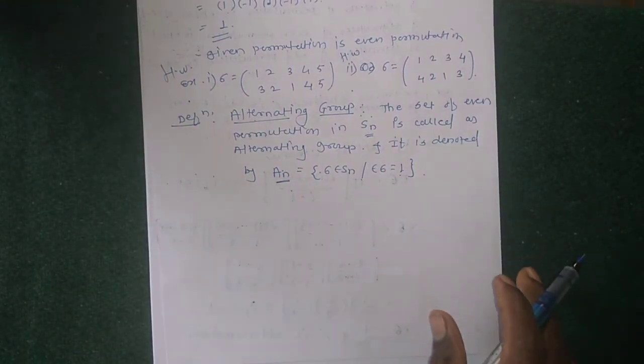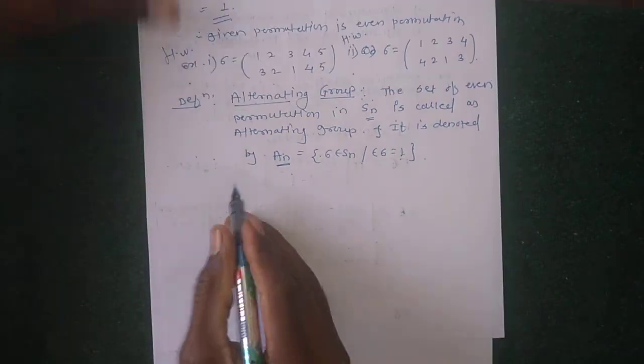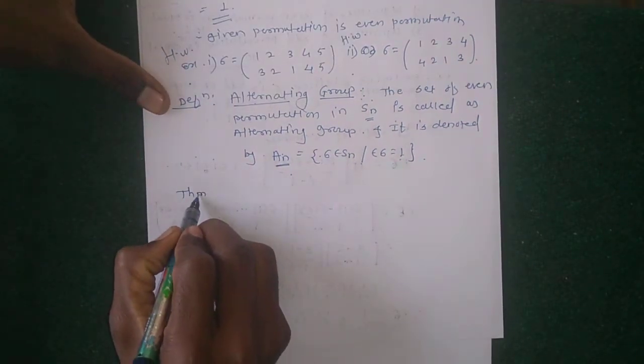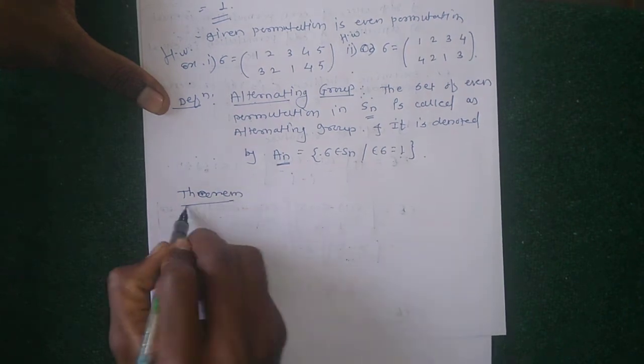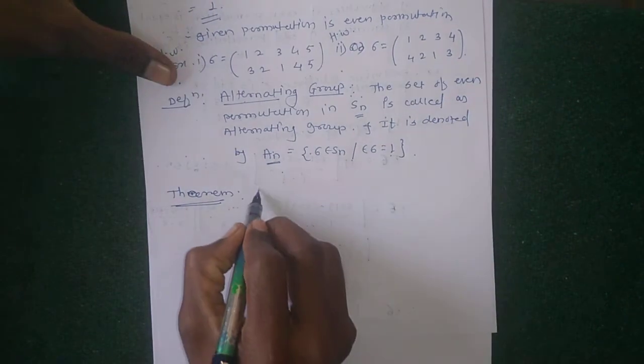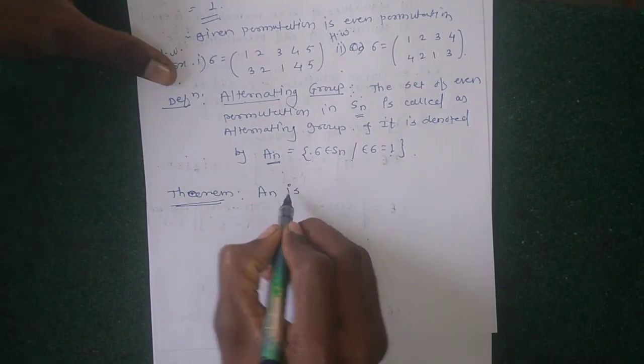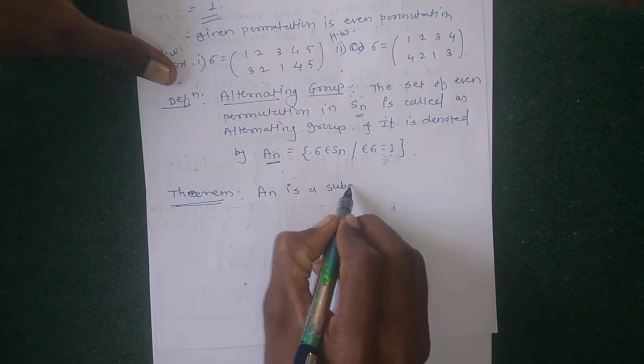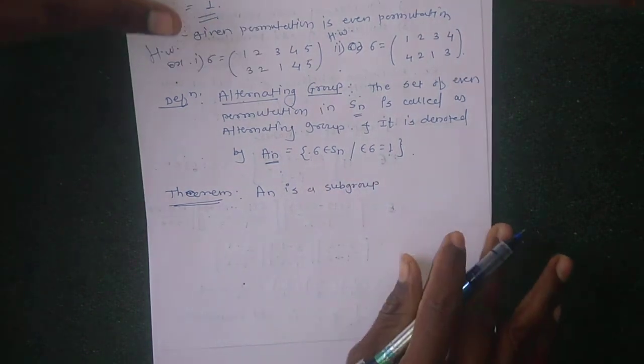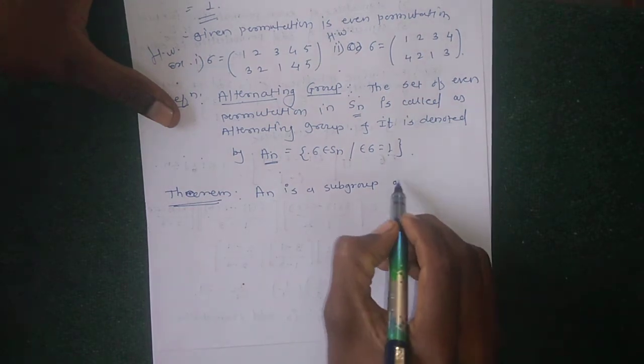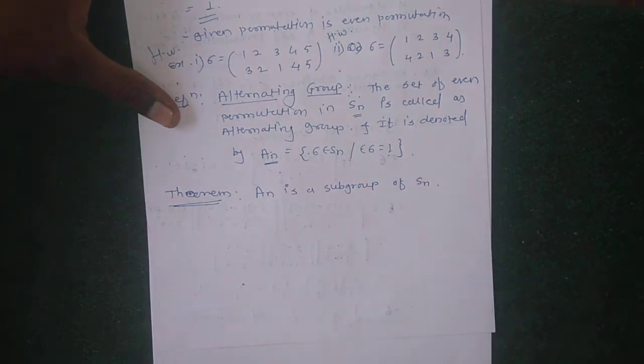Then the theorem: An, an alternating group, is a subgroup of Sn.